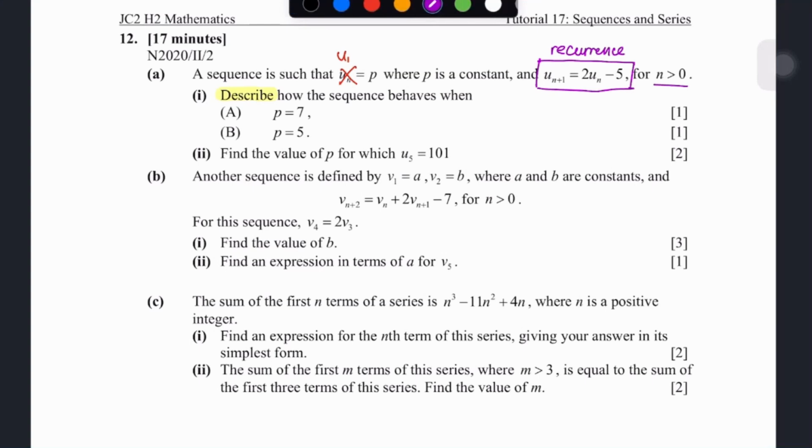When U1 equals 7, what's the second term? 2 times 7 minus 5, which is 14 minus 5, 9. Then 2 times 9 minus 5 is 13. Then 2 times 13 minus 5? Then 2 times 21 minus 5?